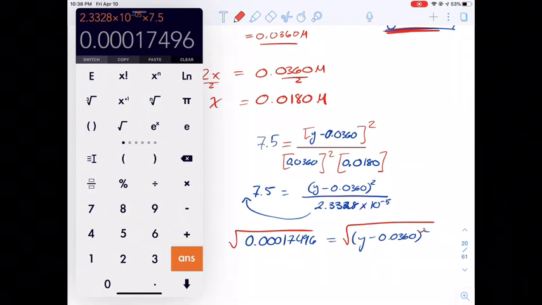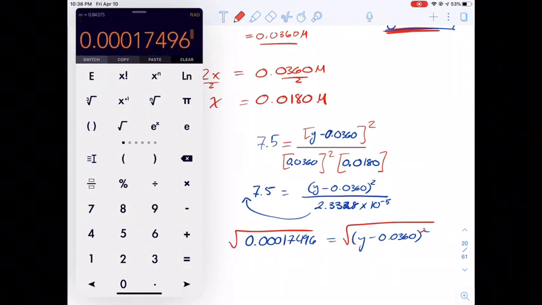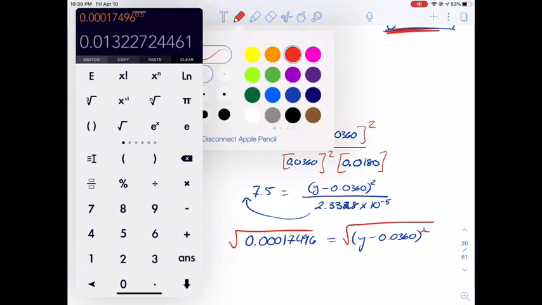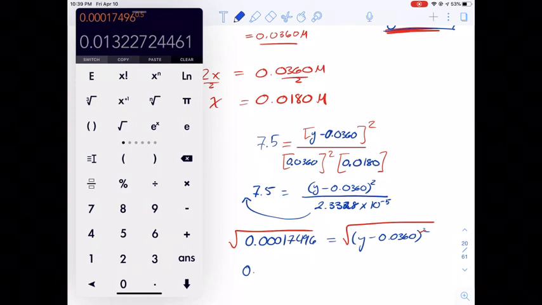I'm going to keep that answer. I'm going to do that same trick I did earlier, just raising it to the power of 0.5 instead of a square root. And that gives me a new number, 0.013272 equals y minus 0.0360.